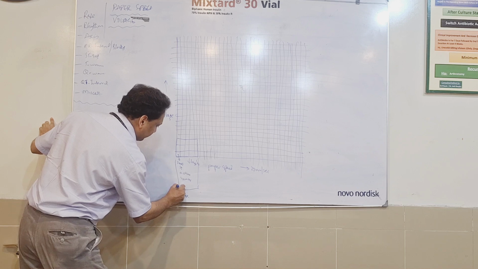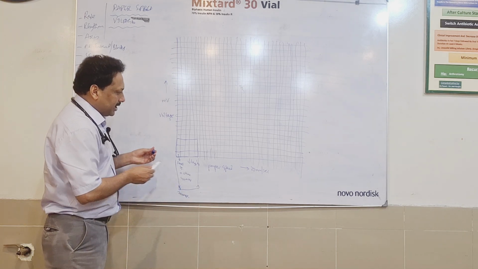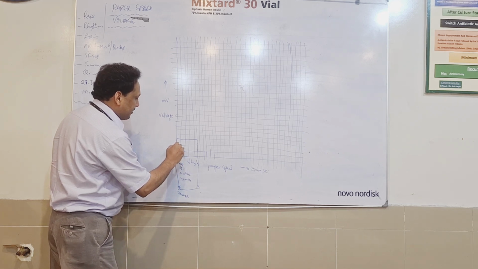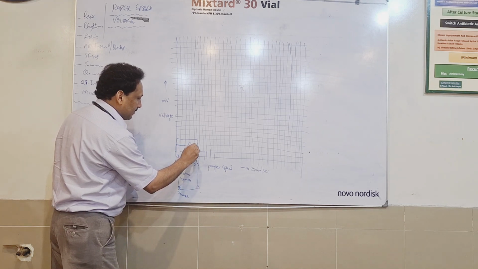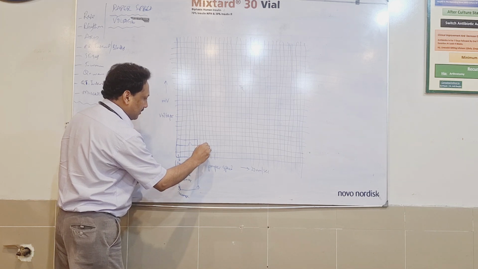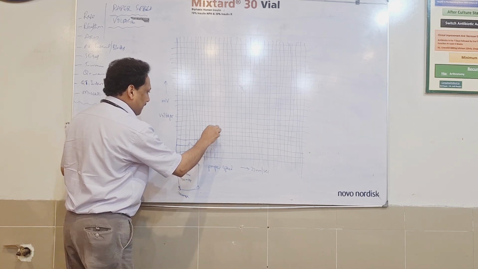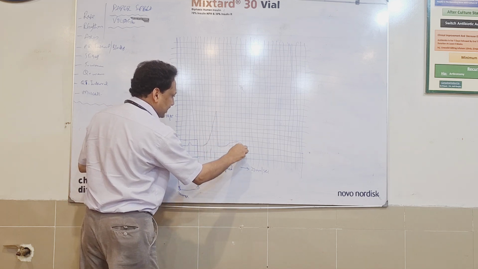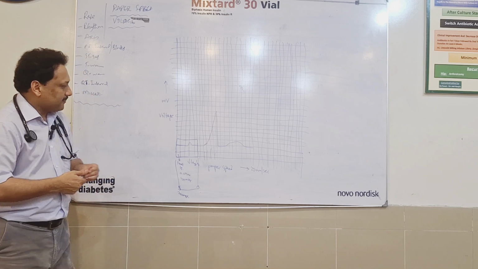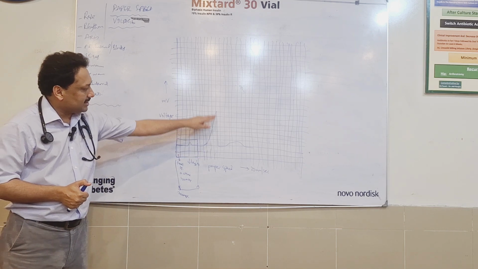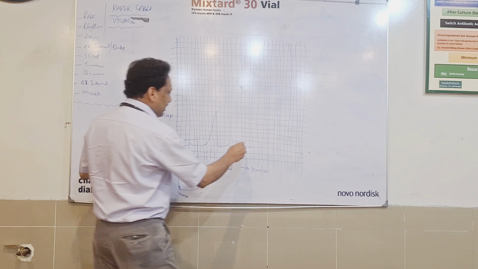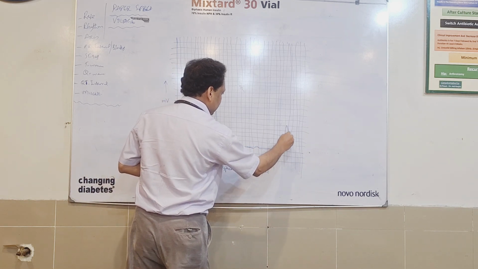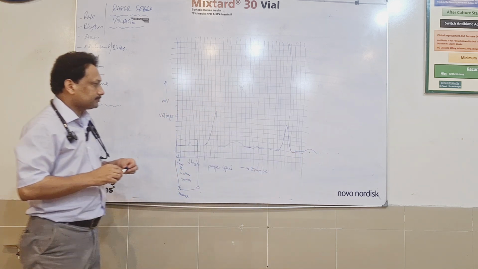Now the stylus which is moving and forming waves, say I form it here: this is a P wave, then a QRS complex, then there is a T wave, and then again the same thing will follow: a P wave, then QRS complex, then T wave.